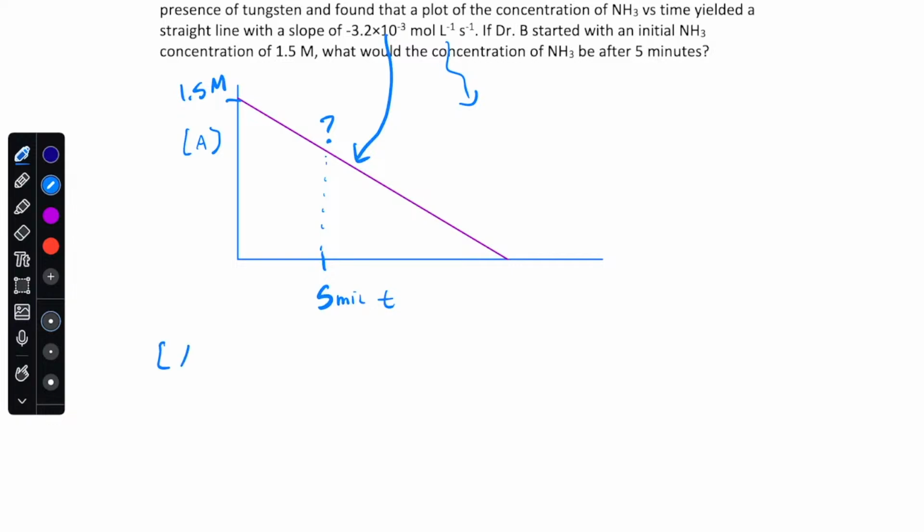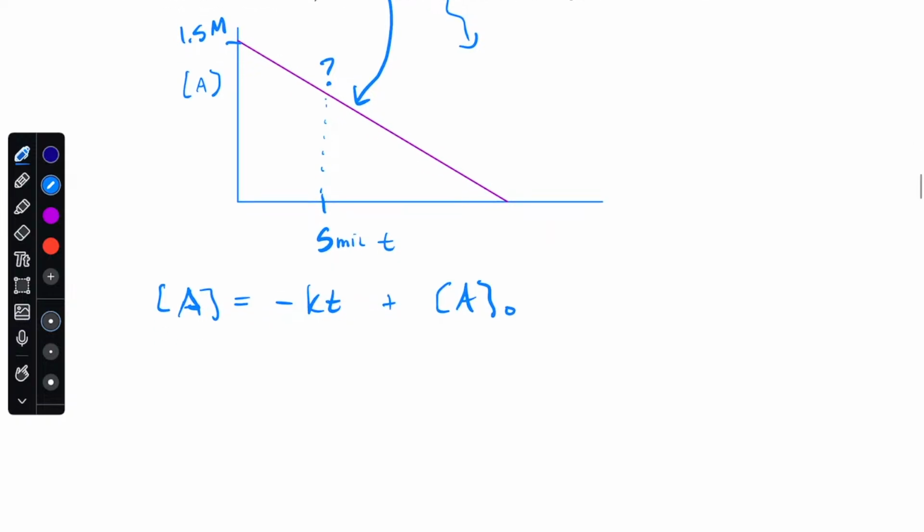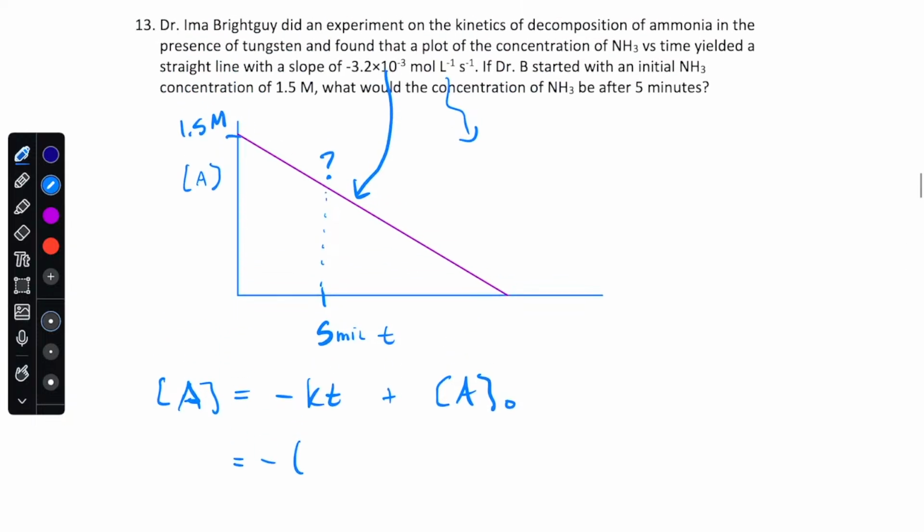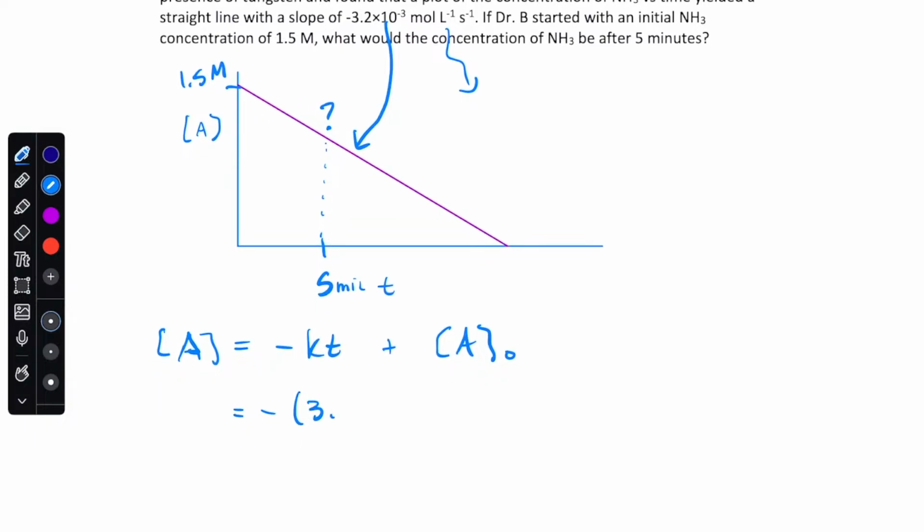Concentration of A is going to be equal to minus KT plus concentration of A naught. So we're given everything that we need. We have minus, and the K value is the negative of the slope, which is 3.2 times 10 to the minus 3 molar per second, times time, which we said is 5 minutes.